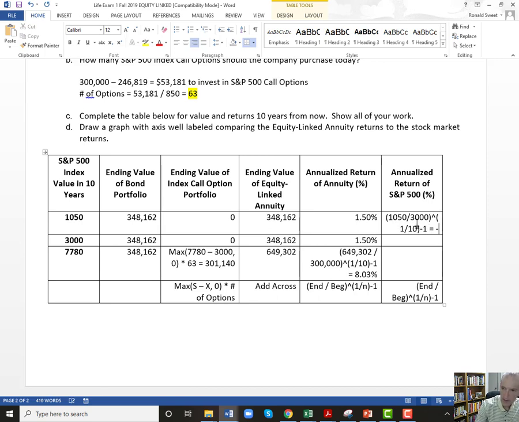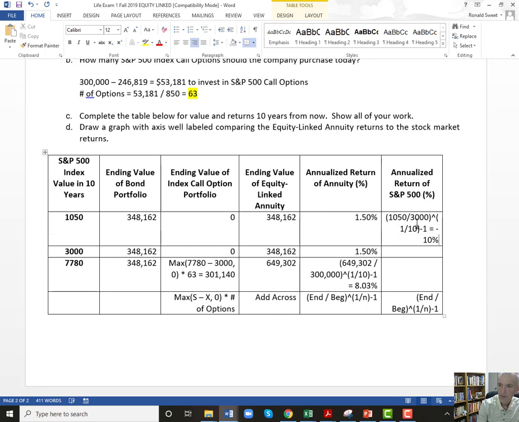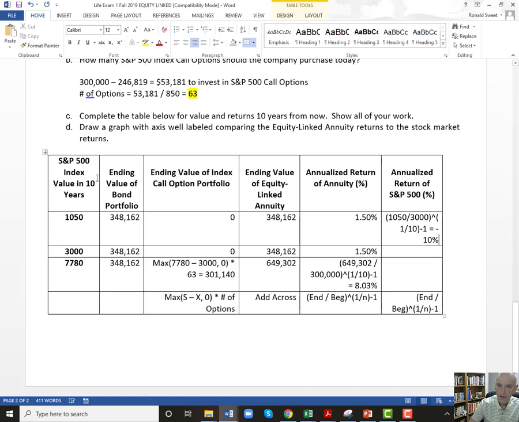When you get that, you get minus 10%. And so obviously you did a lot better with the equity-linked annuity, 1.5% versus minus 10%, so that's really, really good.